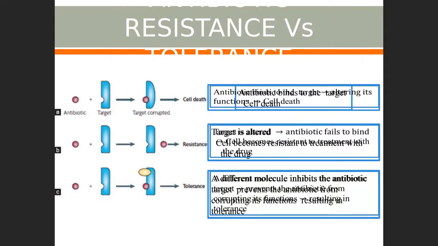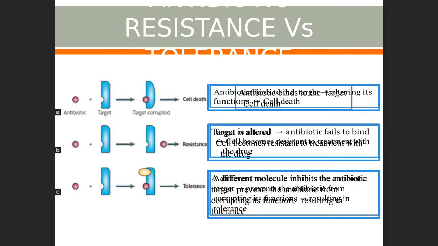The antibiotic fails to bind. Why does it fail to bind? We have seen the mechanisms. Either due to enzymatic inactivation, protection of the target site, drug efflux, or cell membrane permeability. Because of these reasons, it is not able to bind to the target site. Then this is known as resistance.